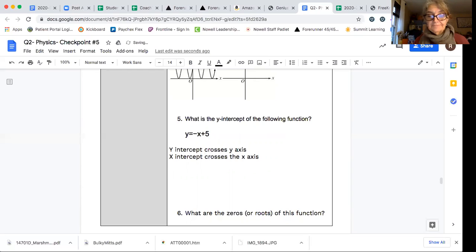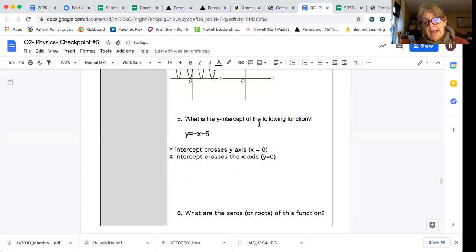Very important, okay? And so this value here, this 5, so when we cross the y-axis, we know that x is equal to 0. Let's see here. And over here, we know that y is equal to 0. So if we set x equal to 0, we know that y equals 5.